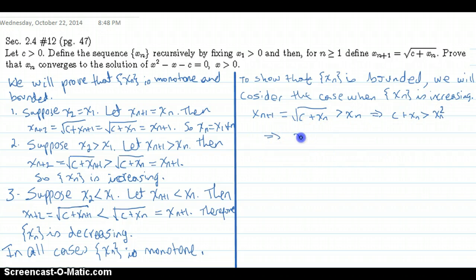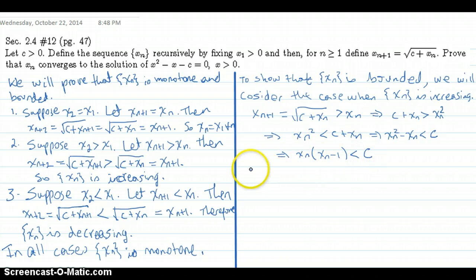This implies that x_n squared minus x_n is less than C, which implies that x_n times (x_n minus 1) is less than C.